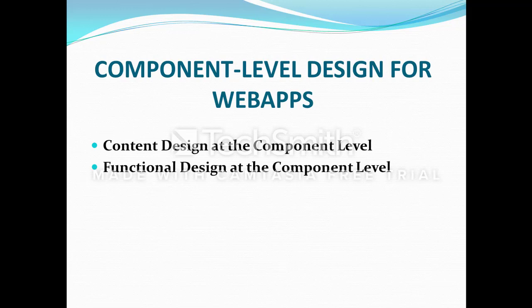During architectural design, web app content and functionality are combined to create a functional architecture. The functional architecture is a representation of the functional domain of the web app and describes the functional components in the web app and how these components interact with each other. So this is the functional design at the component level.